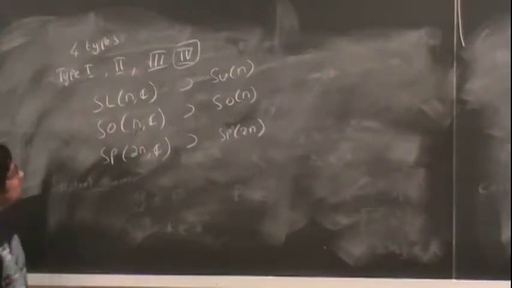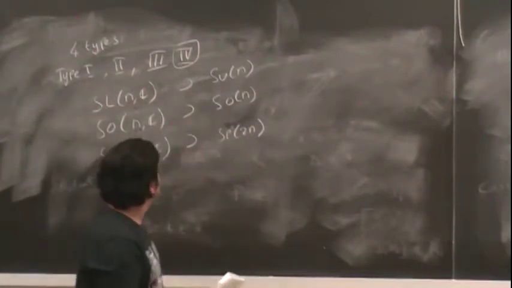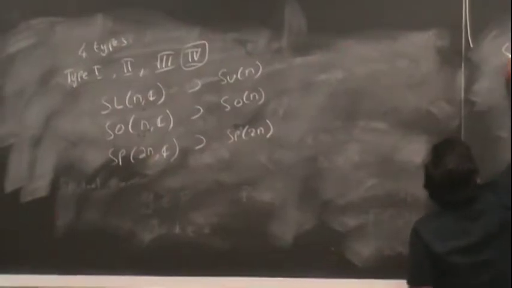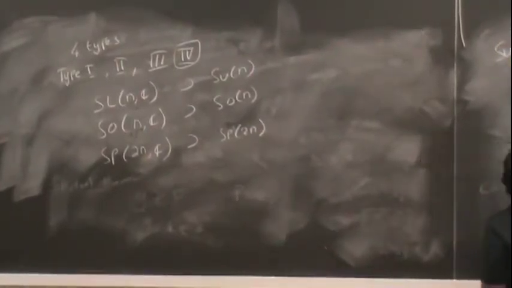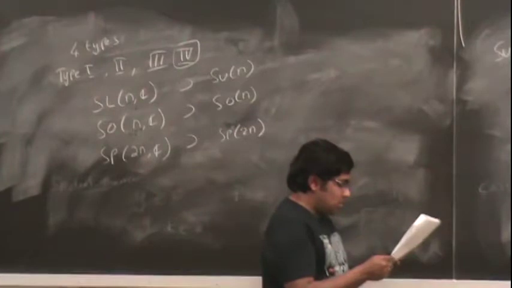So in this, I would zoom in on SL(N,C) on top. So we have SU(N), this subgroup of SL(N,C).